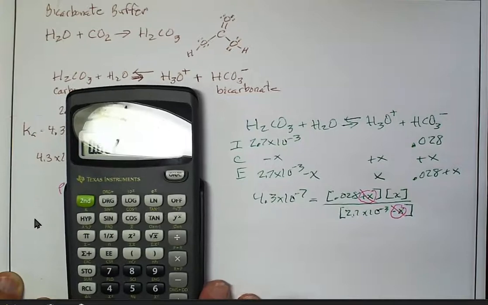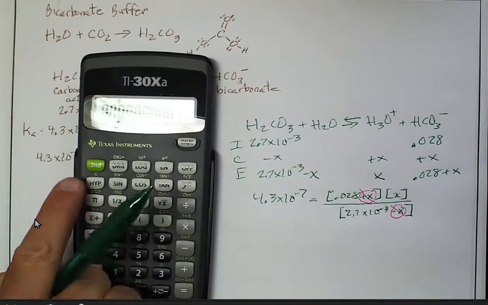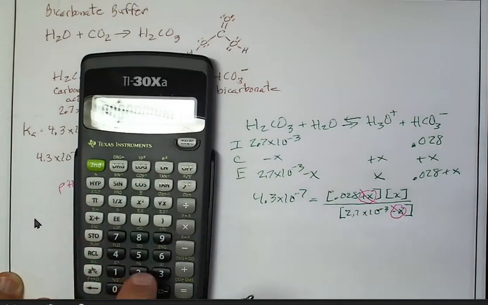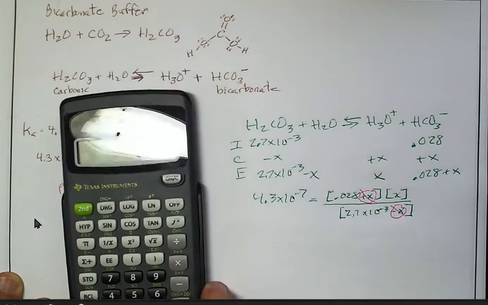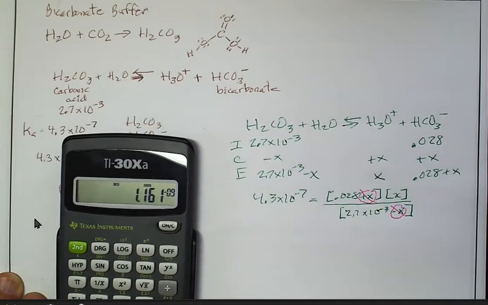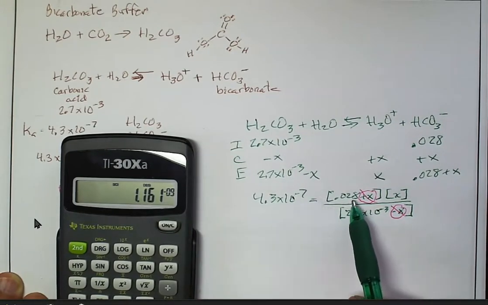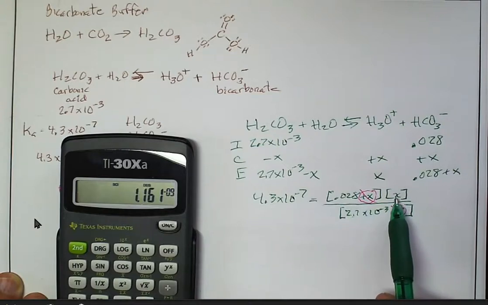Now, how do you find it? Well, let's put this thing into scientific notation mode, which says SCI above the 5. So we're going to do a shift or a second function SCI. If I can get this out from under the glare of the light, that's 1.161 times 10 to the minus 9. All right, so this times this equals this, which equals 0.028 times x.